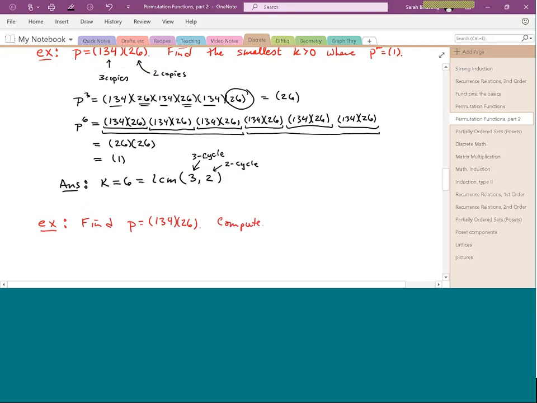Suppose you're asked to compute, I don't know, maybe I'm making this number off the top of my head, that permutation raised to an exponent of 122. Let's not do that by hand, shall we?